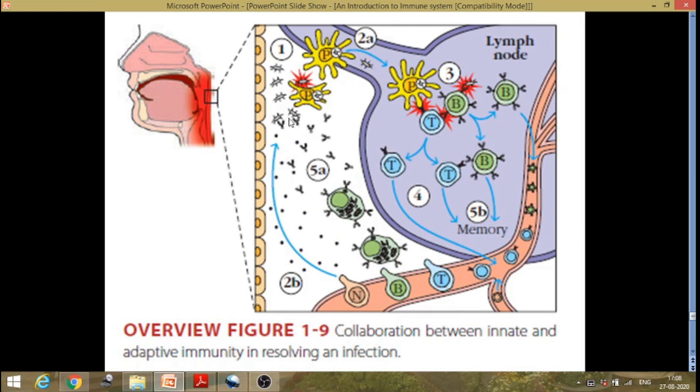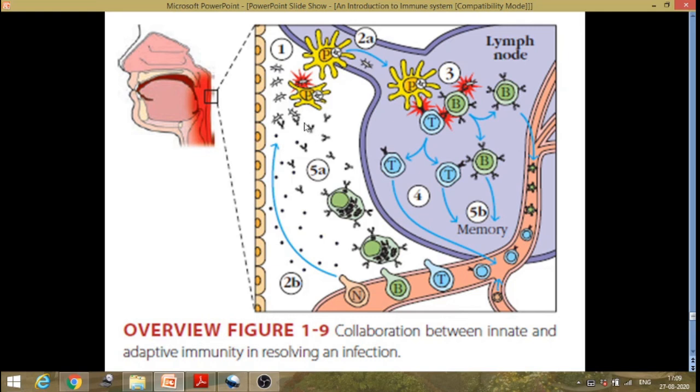First, they neutralize the bacteria and disable it so that it cannot do any harm to the system. Second, they bind the bacteria from all sides and opsonize it. This is called opsonization, and it helps the phagocytic cells to engulf and phagocytose the bacteria.